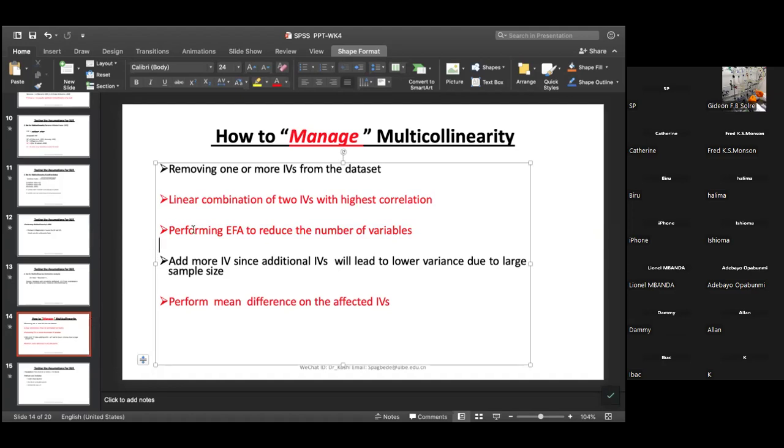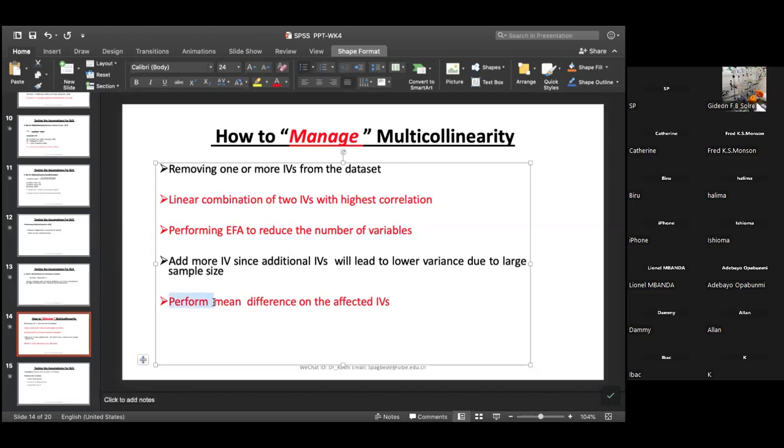So you can do that if you have too many independent variables in your model. You can reduce them using this, and then you use the factor scores as your predictor variables. That way you're able to reduce multicollinearity to the barest minimum.